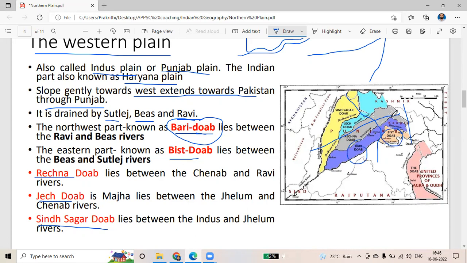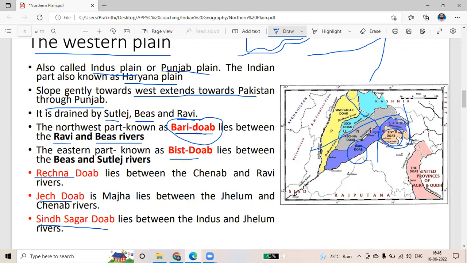You can see Bist doab here and Bari doab here. In the Indian region, mostly these two come, Bari doab and Bist doab. Bari doab is the land which lies between the Ravi River and the Beas River.